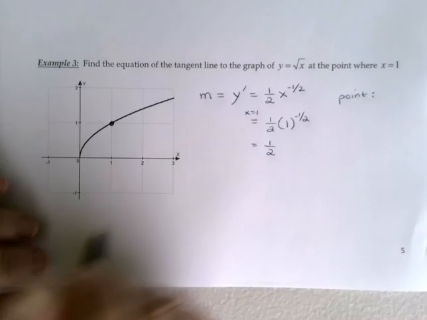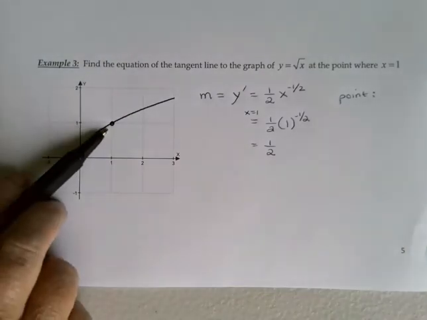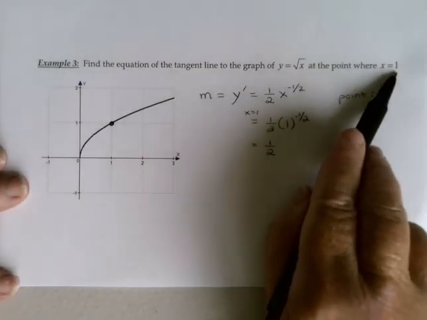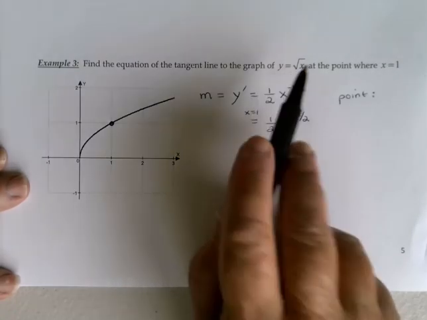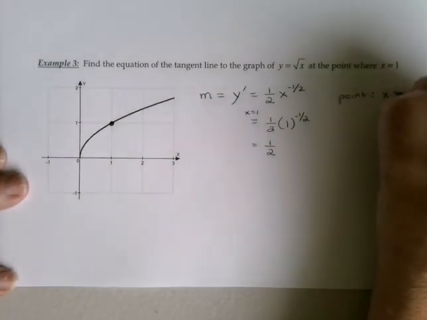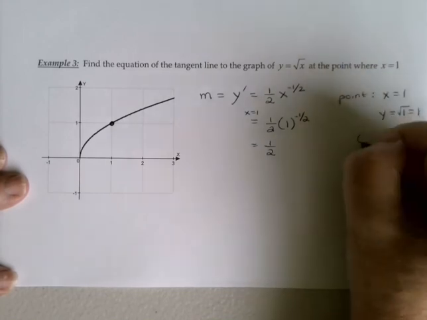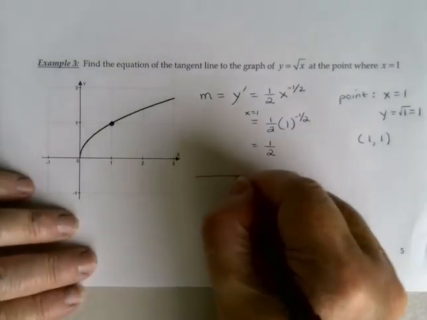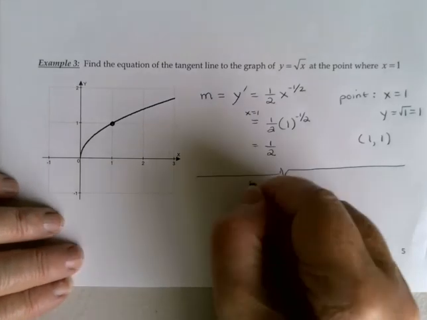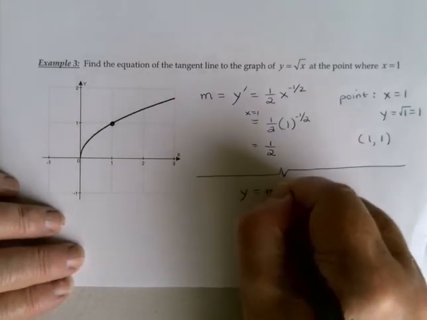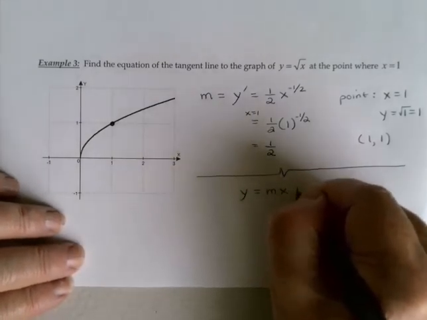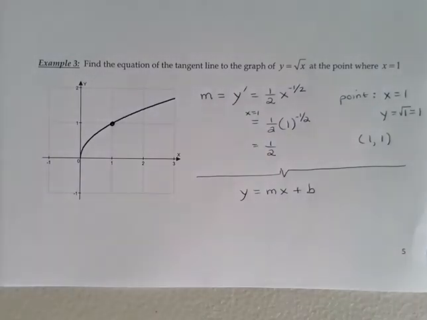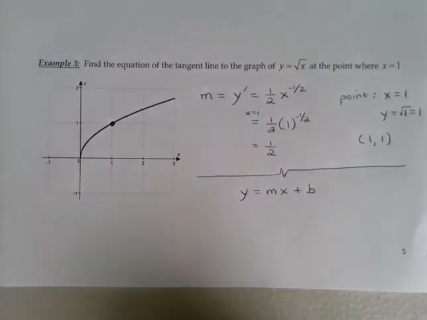The point of tangency, we can see it clearly on the graph, but of course I could have also gotten it just by plugging x equals 1 back into the original function. So the point is (1, 1). And then I would just get the equation of the tangent line using your favorite linear equation method. I like to go with y equals mx plus b, but if you like point-slope form, feel free.